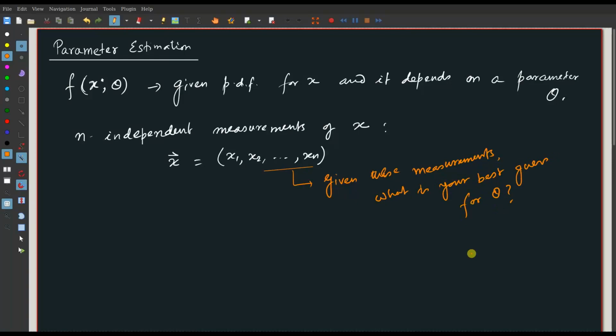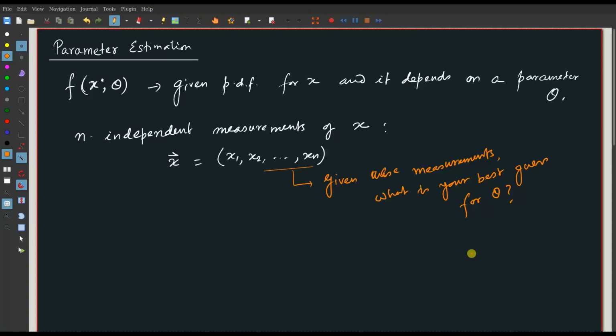In reality you might never know the true value of theta. You can actually guess. So you are basically measuring random variables whose distribution depends on theta, and from the measurement of those random variables, you want to estimate theta. Okay, and that is the best you can do.